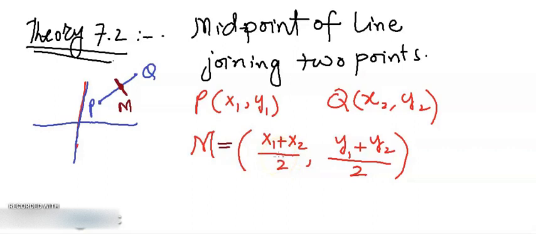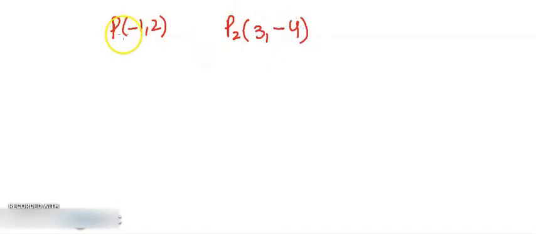Let's do an example. If we are given 2 points, let's say point 1 is -1 comma 2, and point 2 is 3 comma -4. I am interested in the midpoint. So let's see how it looks.